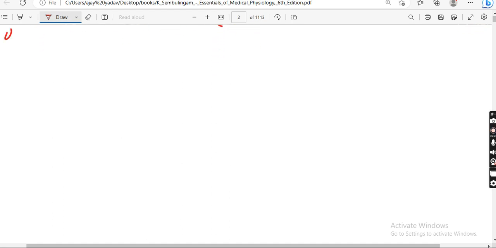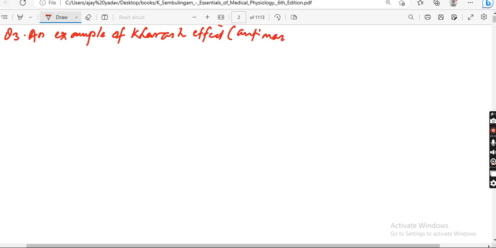So now let us go to question number 3, an example of Kharasch effect. The Kharasch effect is actually talking about the anti-Markovnikov effect, right?